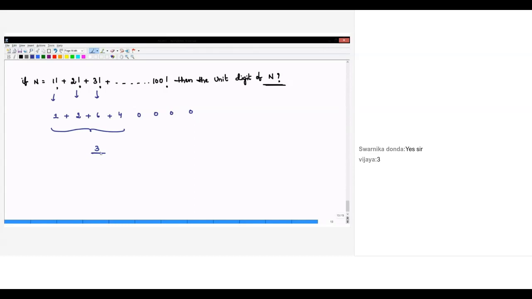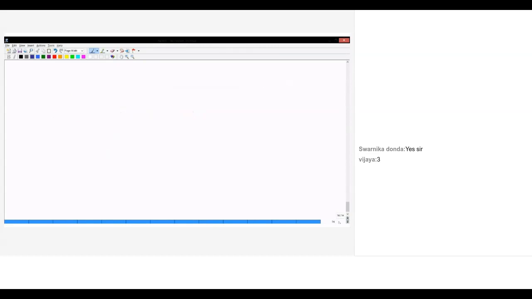Right? Just find out the unit digit of each and every factorial there. Next.